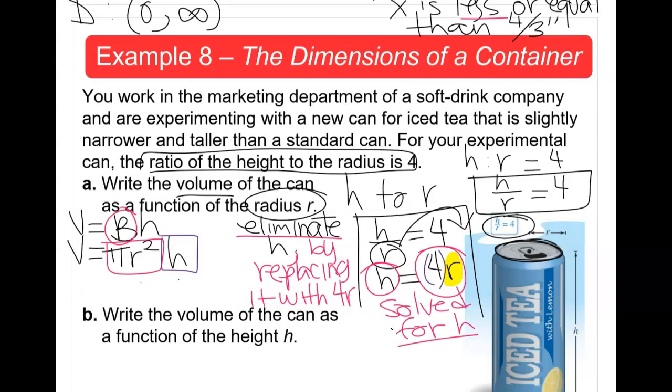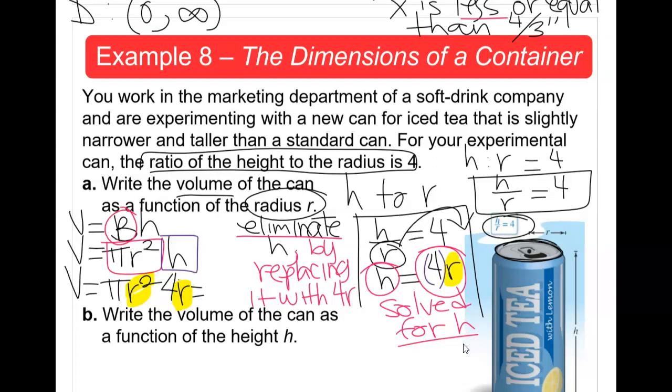So now let's go ahead and replace that h for height. So we have pi r squared and then times h. So instead of h, we're going to write 4r. And so the equation that will come from here is going to be, if we multiply r squared times r, it's going to give us r to the 3rd power.